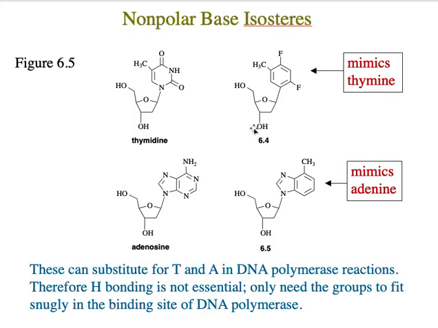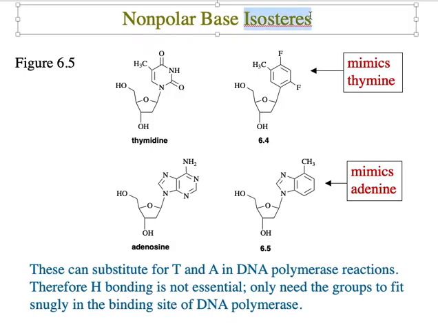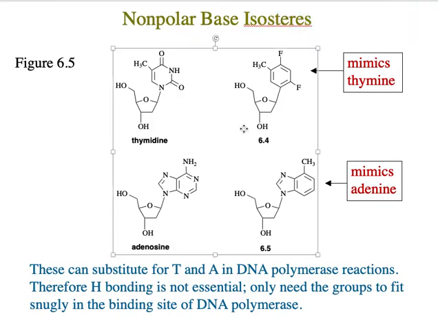So we can start to add isosteric mimics. We've learned that word before, isosteres, that look like DNA bases. And they can mess up DNA structure. So this is something we can do to mess up DNA structure.